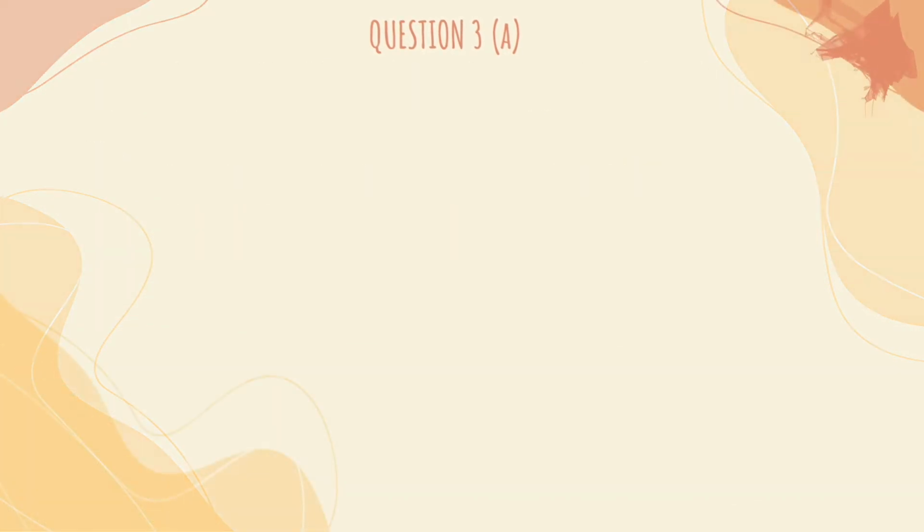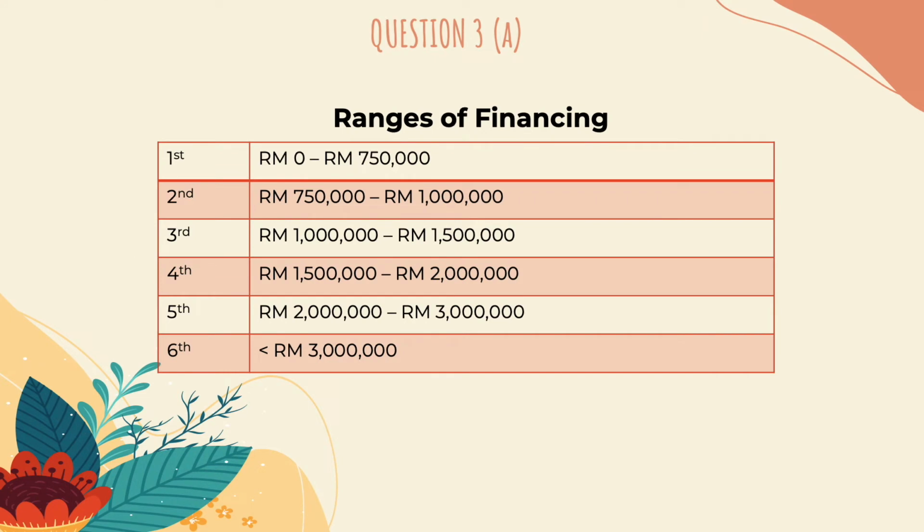Next is ranges of financing. First range is from RM0 until 750,000. Second range, we have to start with lower numbers to higher numbers, which is RM750,000 until 1 million. And same goes to the other ranges of financing.